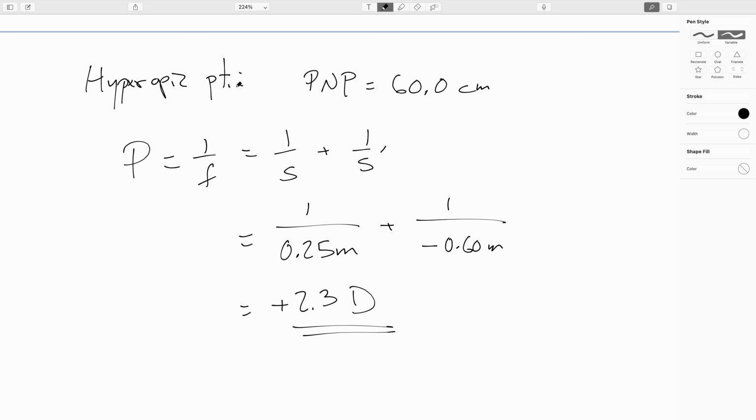Now, if you look at a prescription and you see more than just one number, the next two numbers are going to address a thing called astigmatism. Astigmatism is when the eye doesn't have a spherical shape anymore. It's kind of pancaked along its axis.